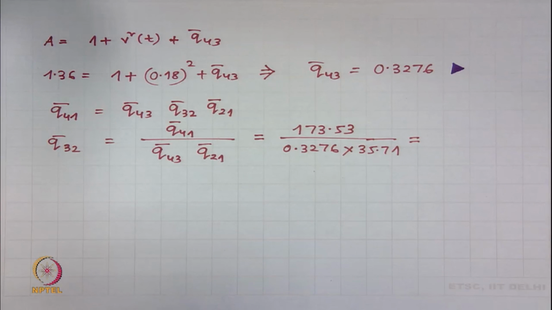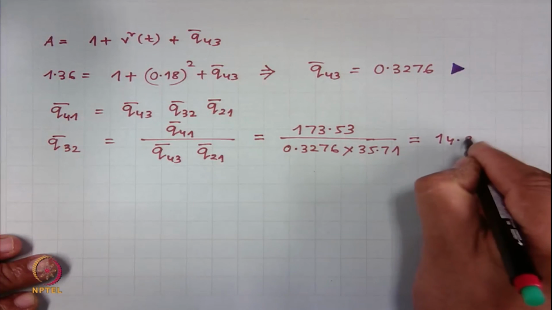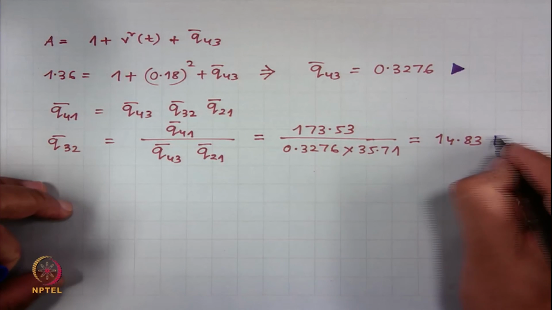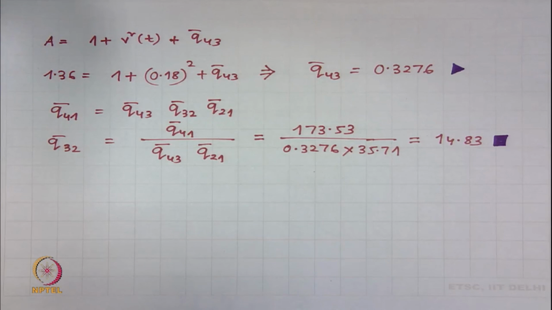So, this ratio will give you 14.83. So, this is another unit we found. Okay.